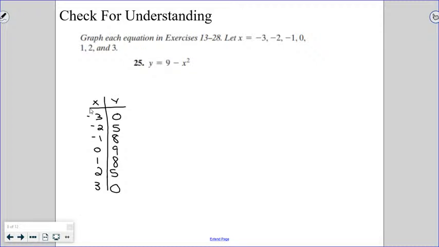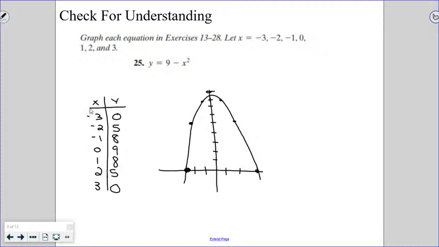Nice smooth curve through this. It's an x squared. There's your graph.